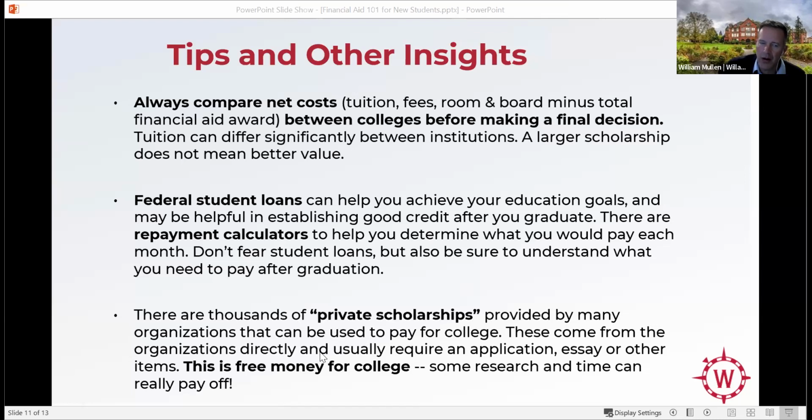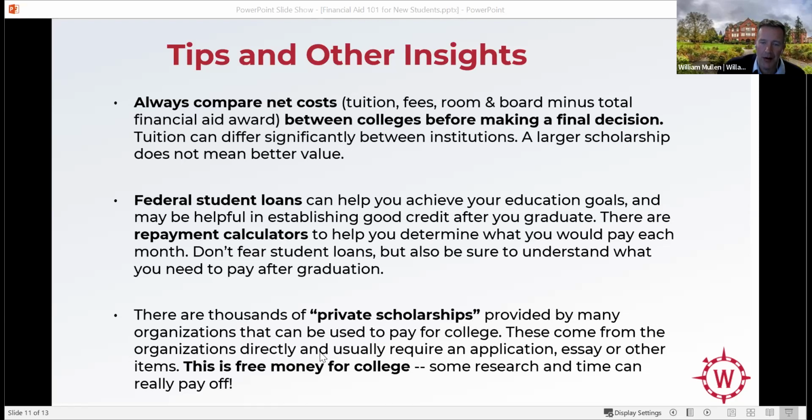Usually they require students and families to do some sleuthing, to look at some different websites and review the scholarships and determine whether or not they qualify for them. There's sometimes an application for them. It does require some work to figure these out, but it's free money. And we all like that.